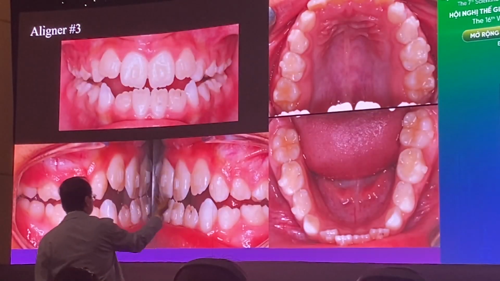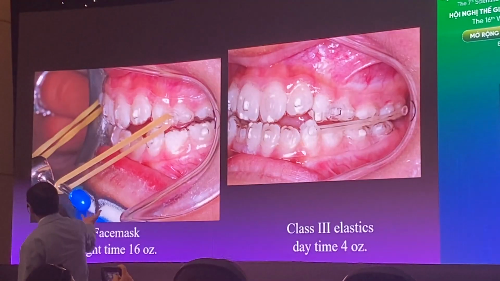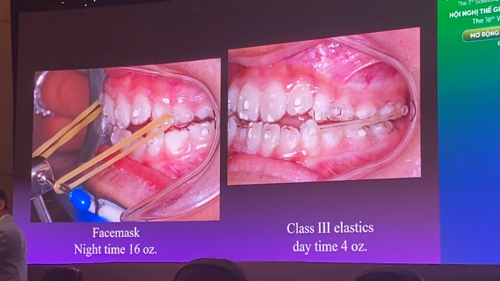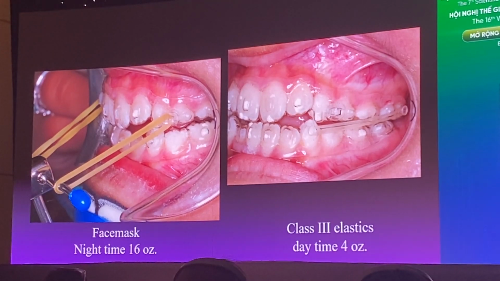So, here is Konikoni aligner number 3, and I added on a face mask, which is kind of cool, okay? Because this particular company has a button, they call it angel button or angel hook.